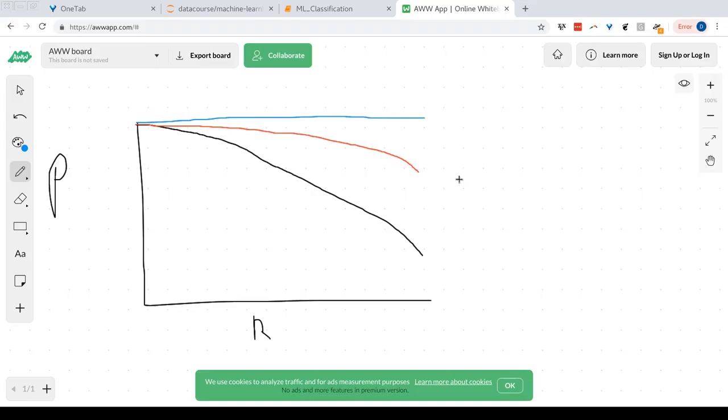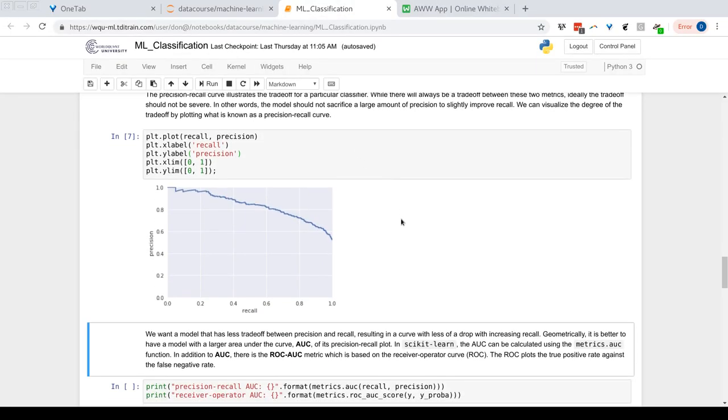Magical model. You won't have this in real life. You have some trade-off, but what would be the area under the curve for the blue one? It would be 1. So the nice thing about the area under the curve is that it encompasses this trade-off between precision and recall and is bounded between 0 and 1. So that's the AUC. Every time you see AUC, that's just shorthand for area under the curve of the precision recall plot.